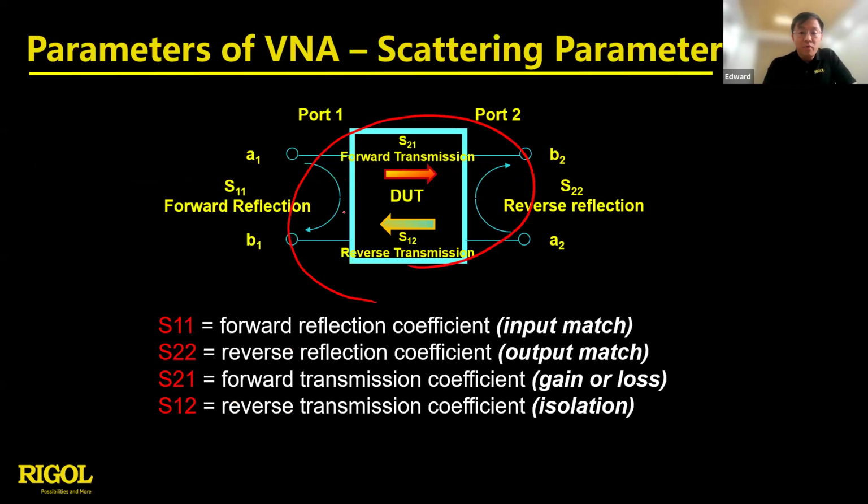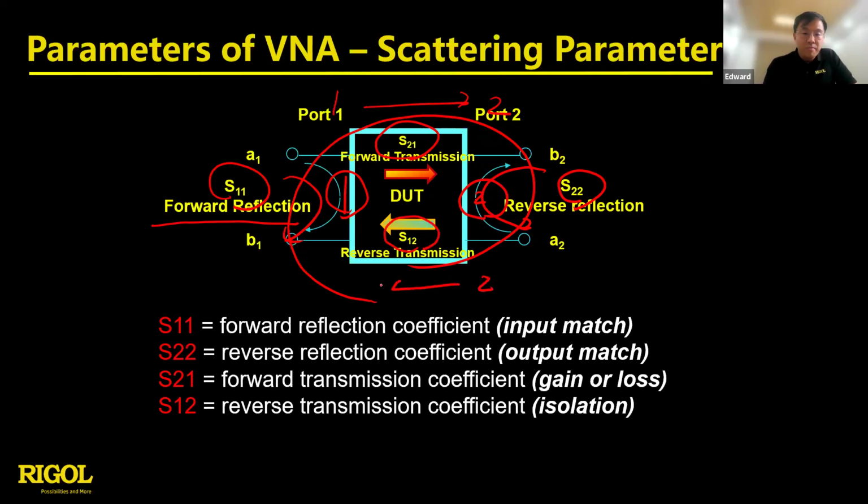It has port 1 on the left hand side and port 2 on the right hand side. So the forward reflection is S11, right? And the other side is S22, like this one. So we can also get S21 from port 1 to port 2, or get S12 from port 2 reverse back to port 1, right?